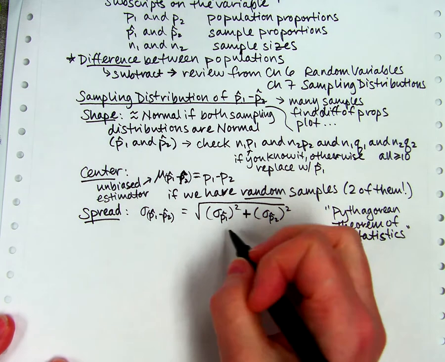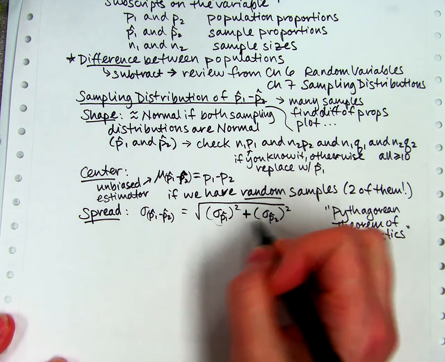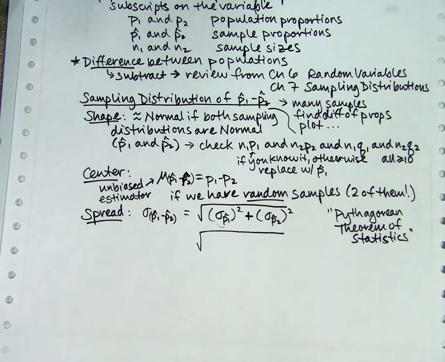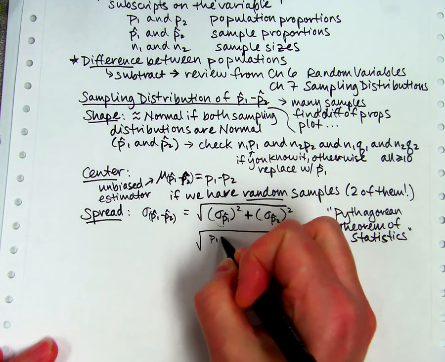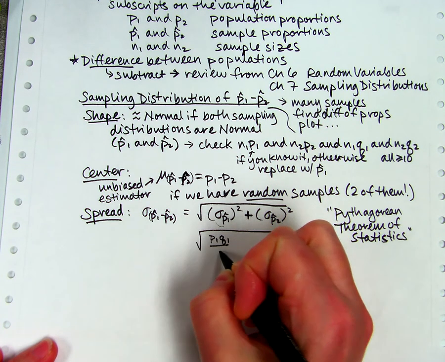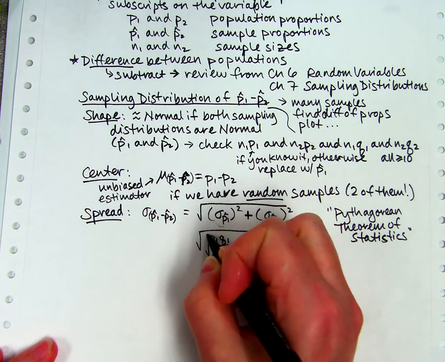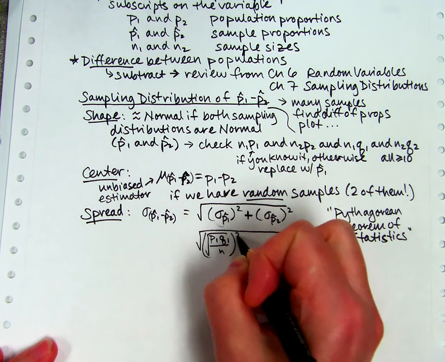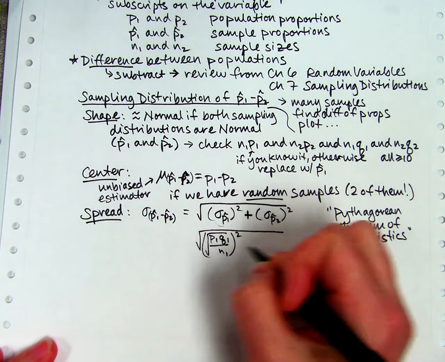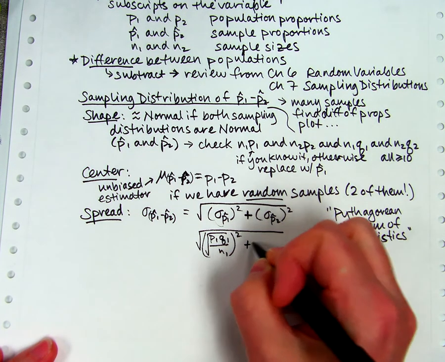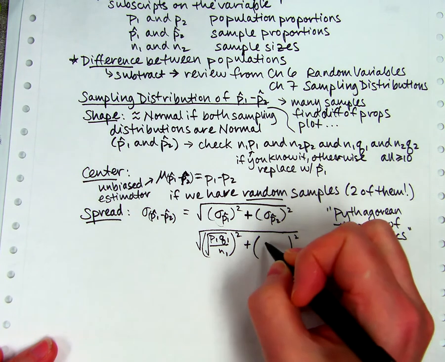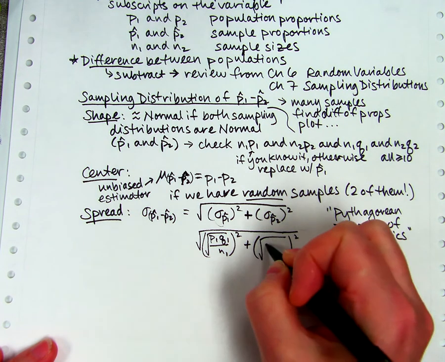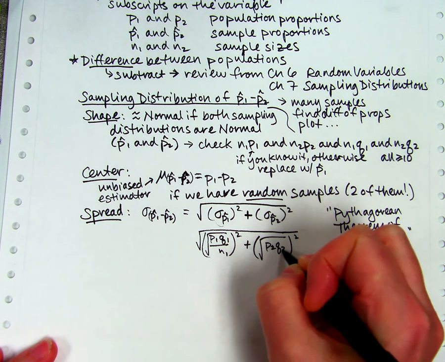But then in chapter 7, we learned what these were. So we could replace them with, basically this one is the square root of P1Q1 over N1, but then we're squaring it. Oh, that's interesting. And then this one, the thing in that parentheses is the square root of P2Q2 over N2.